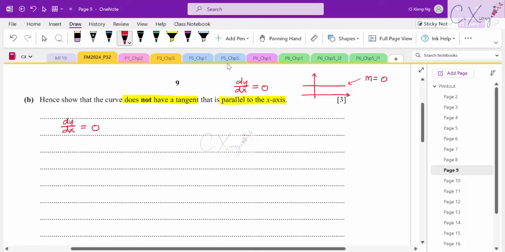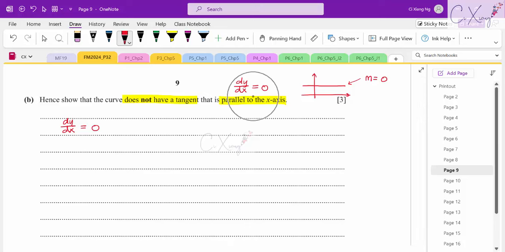If I successfully get the point x that makes dy dx equal to 0, that means the curve has a point with the tangent parallel to the x-axis. If I'm not able to get the value of x, then it means there's no point on the curve that has a tangent parallel to the x-axis. So I hope that you have this idea.